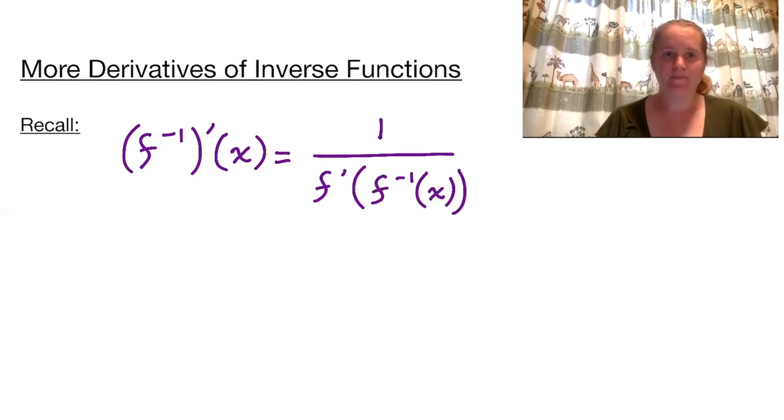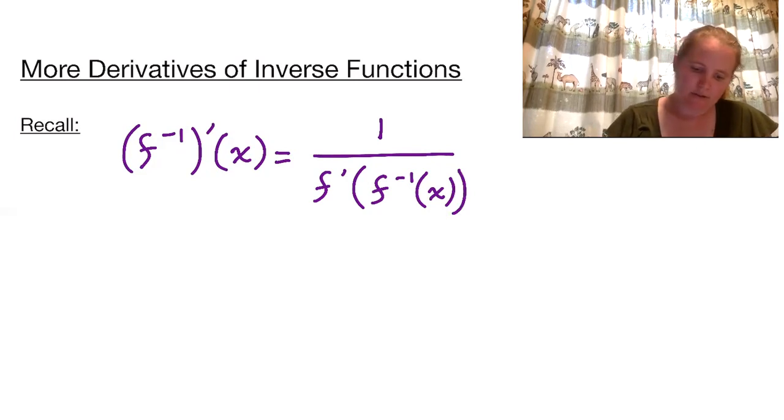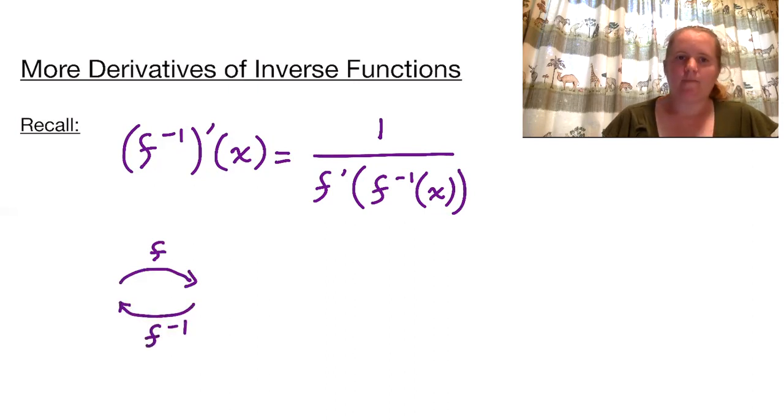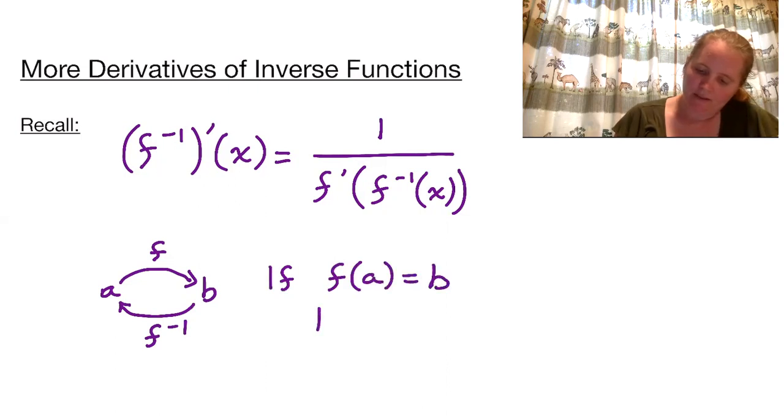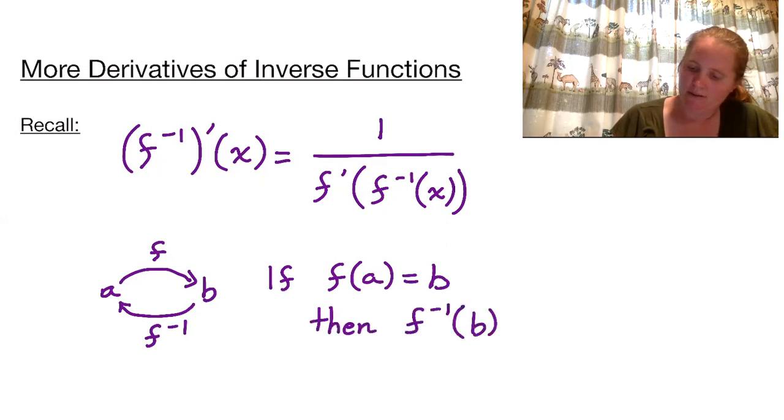Now also recall that f and f inverse sort of undo each other. So if f sends a to b, then f inverse sends b back to a. In other words, if f of a is equal to b, then f inverse of b is equal to a.